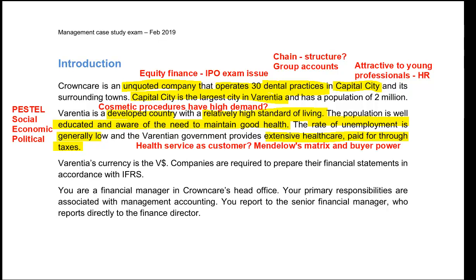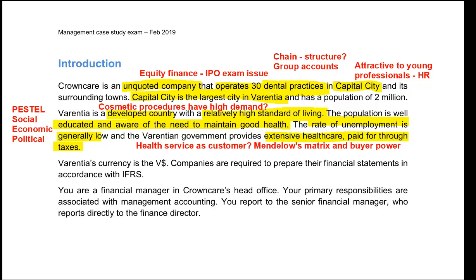So, with that said, these first two little parts of the introduction have given us a wide variety of our potential, not definite of course, we are speculating, exam topics.